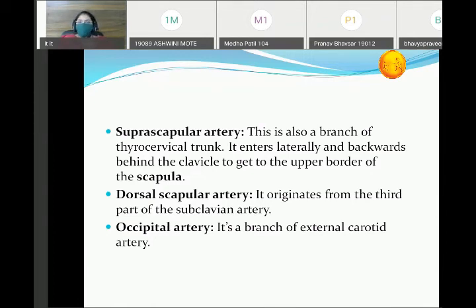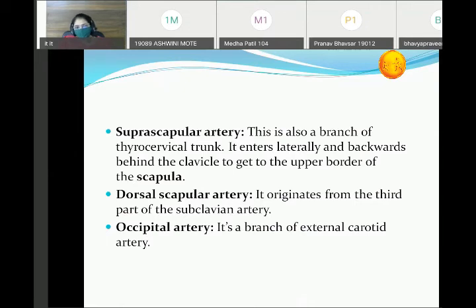It is also a branch of the thyrocervical trunk, and it takes part in the formation of the scapular anastomosis. It passes laterally and backward behind the clavicle to enter the upper border of the scapula. Then the dorsal scapular artery originates from the third part of the subclavian artery.